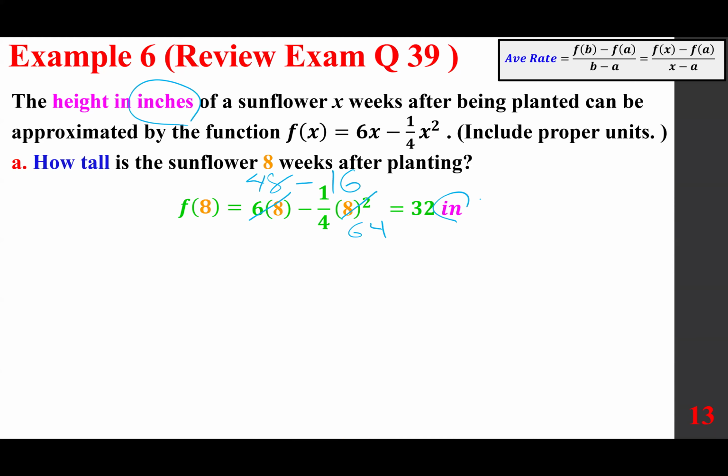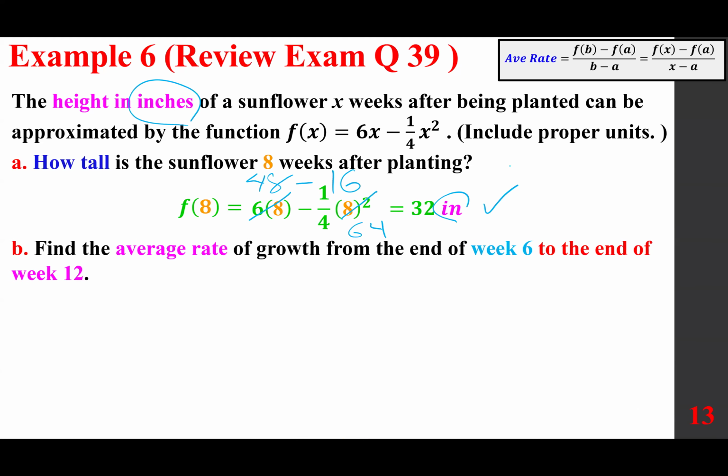Same units here, okay? We continue with elementary algebra. We want to find the average rate of growth from the end of week 6 to the end of week 12. Understand, this is average. This is rise over run, delta y over delta x. This is f of x2 minus f of x1 over x2 minus x1. And therefore, we are looking for f of 12 minus f of 6 over 12 minus 6.